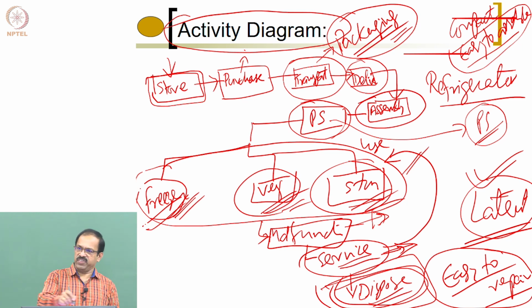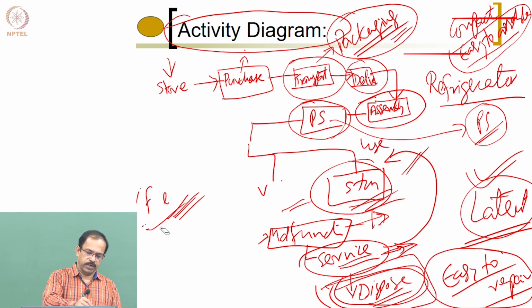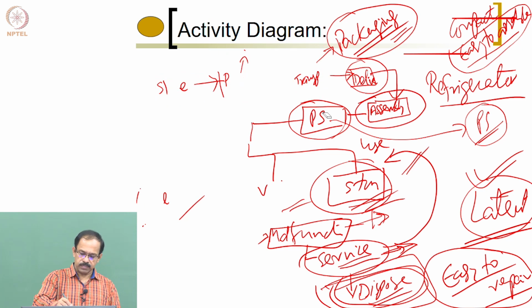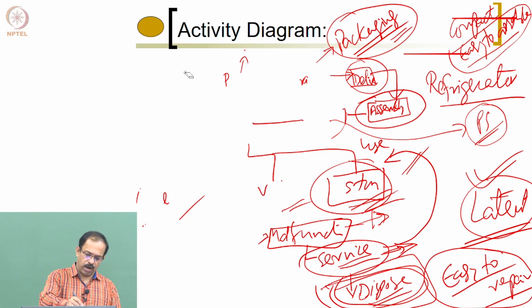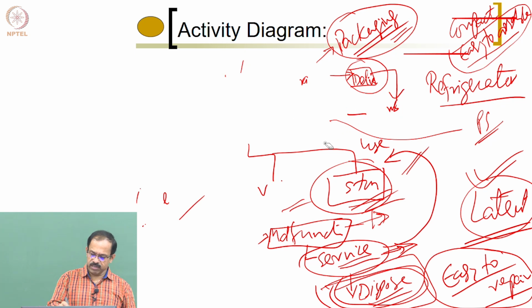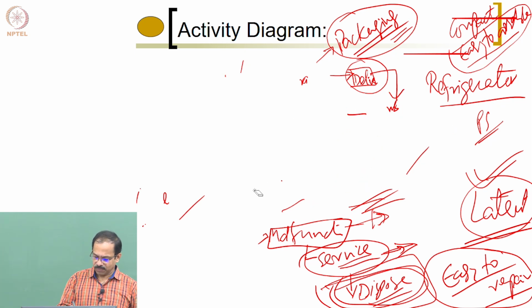Not necessarily that every stage has got a need, but you should be able to identify if there is any specific stage where there is a latent need involved. That is the basic way how you identify the latent needs of the product.